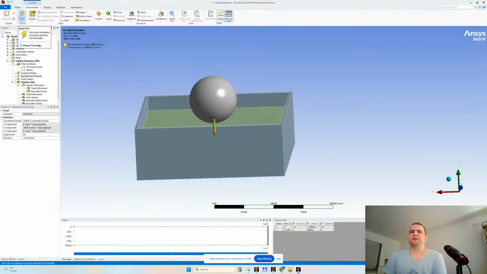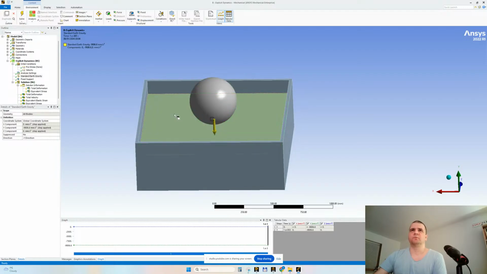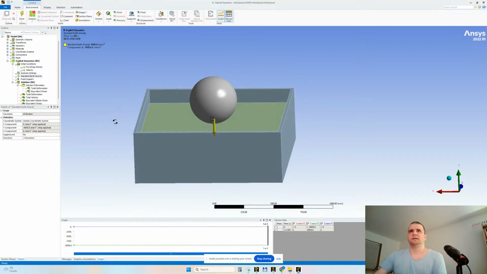Let's make a prediction, because I didn't leave that bonded contact. Maybe it will act like jello, and maybe it will develop some tremors. I don't know. I haven't used such an approach until now with Lagrangian water.